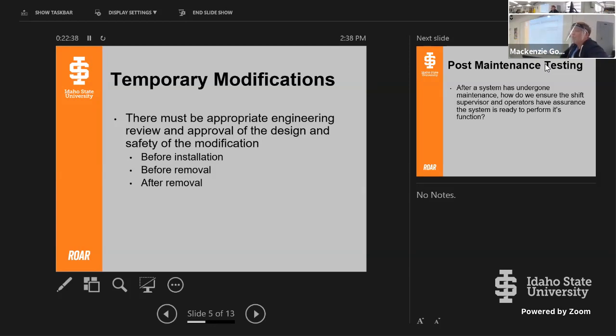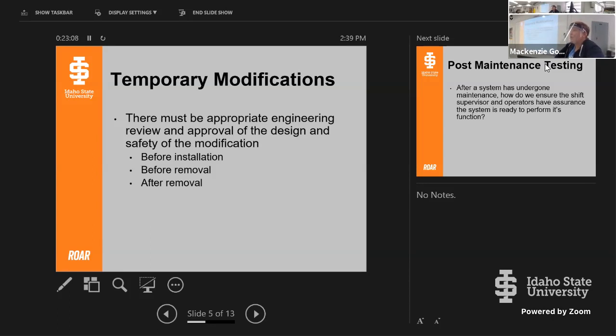A lot of times they'll just store those tools in a chest in the radioactive area so that they can stay contaminated because you're only going to use them for that. That way you're not recontaminating new material every time you need to make that piping modification. You're not creating new waste, right? It's the same material every time. And you use a consistent tool so that you know every time you're making that measurement, you're doing it the same way. So a lot of times they'll save it.